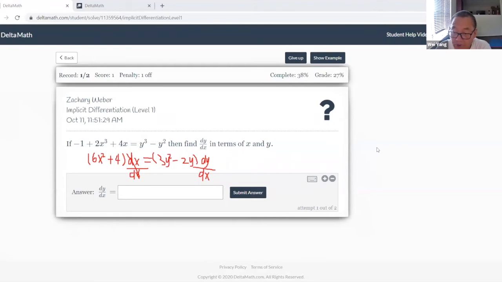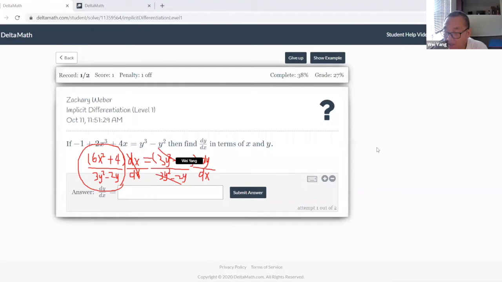Then you divide both sides by 3y squared minus 2y. Then you get dy over dx equals this, so this one comes out.